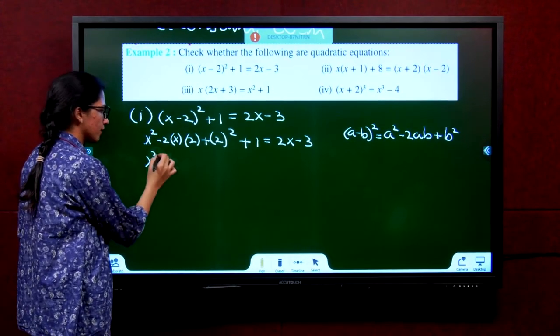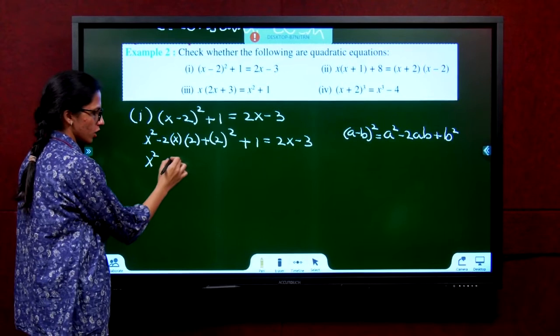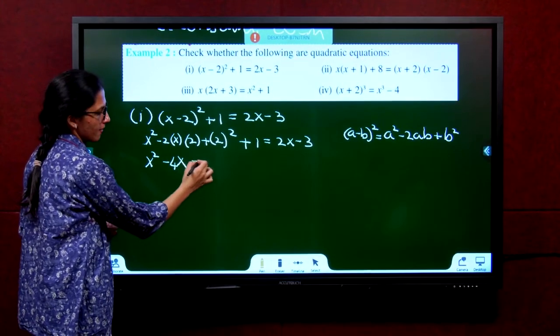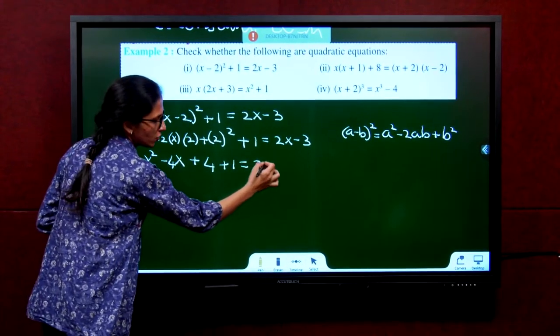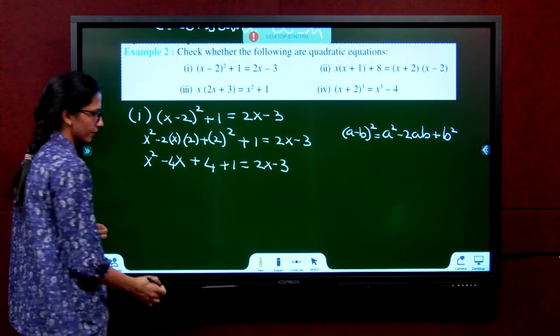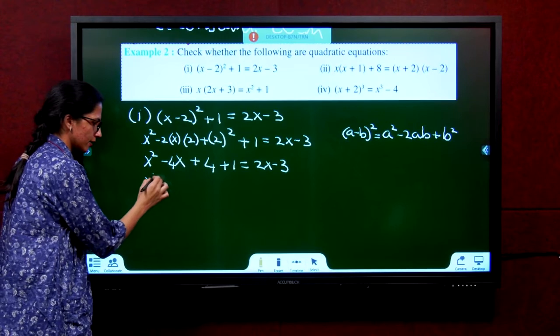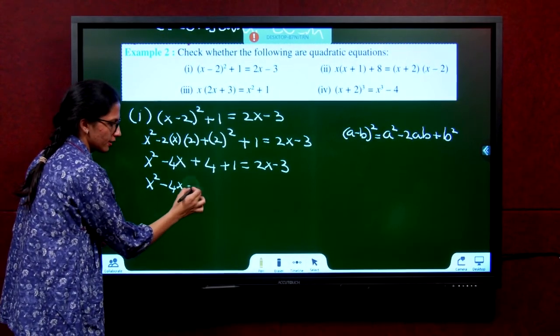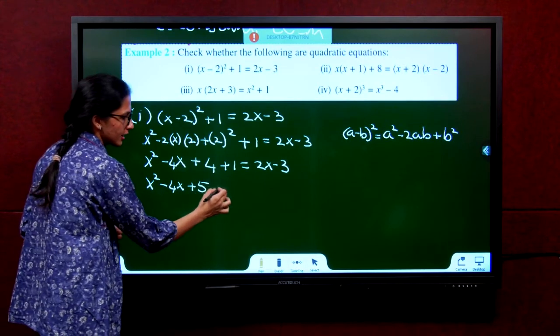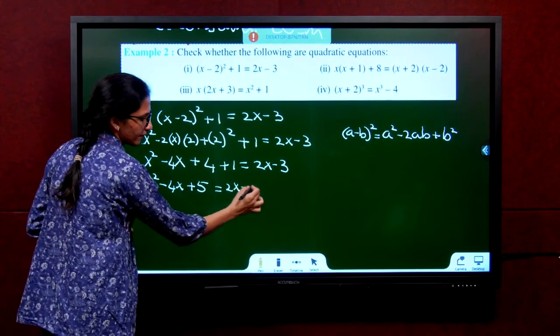x square, 2 twos are 4, so minus 4x plus 4 plus 1 is equal to 2x minus 3. x square minus 4x, 4 plus 1 is 5, is equal to 2x minus 3.